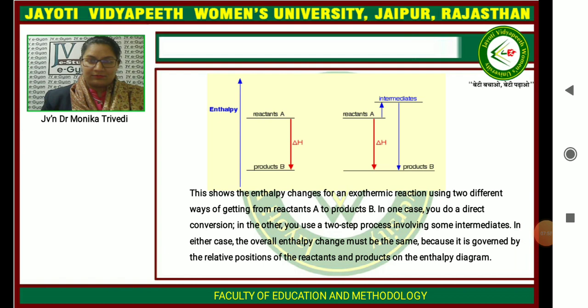When reactant A converts into product B, some energy is released, and in another diagram enthalpy is released when the reactant converts into product B by the formation of an intermediate. In the first diagram you can see one step, and in the second diagram two steps occur. The overall heat change is the same for both reactions.